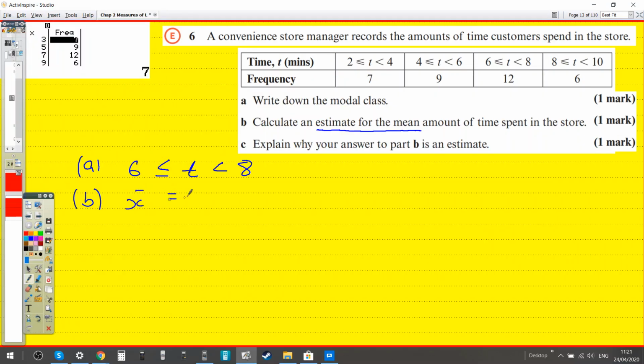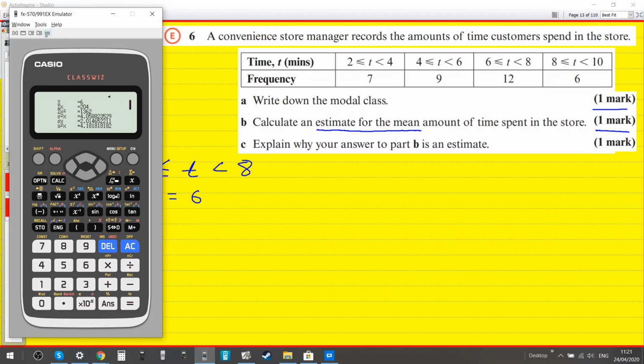So x bar equals 6. And again, the first one was a 1 marker. This one is also a 1 marker. And so you don't have to show working out, and you're not missing out on any marks by doing it this way. Yeah. And question C.